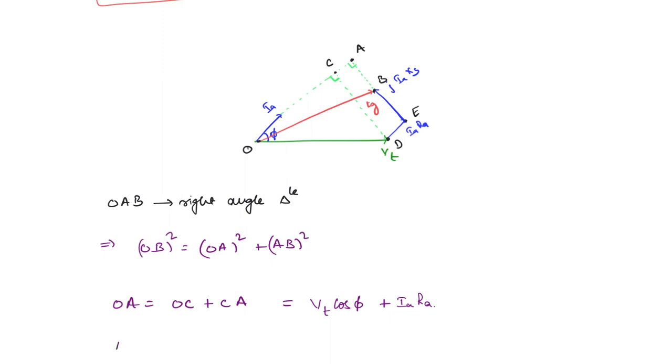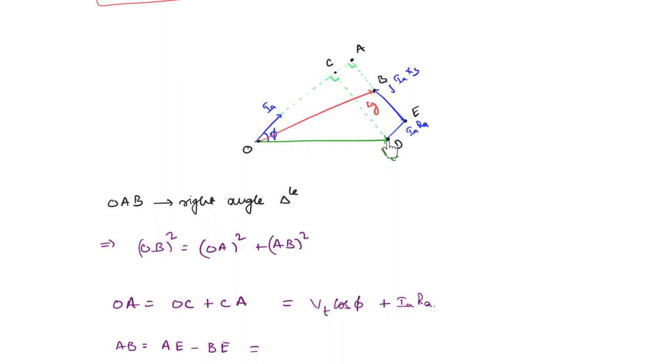Now what about AB? So you can see that AB you can write as this entire length AE minus BE. If you write, you will get AB, right? So AB is equal to AE minus BE. Now what is AE? This is the CD line.